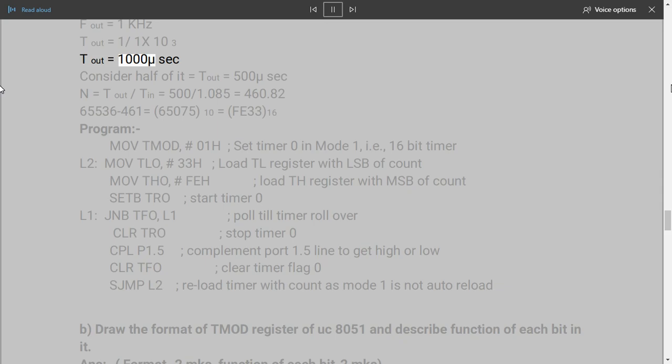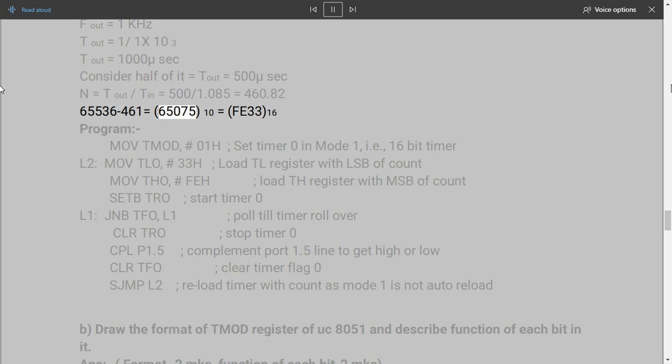Consider half of it, T out equals 500 us. N equals T out / T in equals 500/1.085 equals 460.8265536, approximately 461.